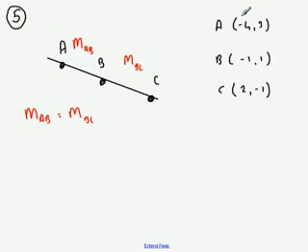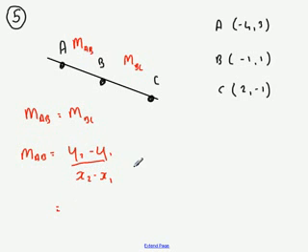To find the gradient of AB, we first of all use our points, negative 4, 3 and negative 1, 1, and sub into our formula for the gradient, y2 minus y1 over x2 minus x1.